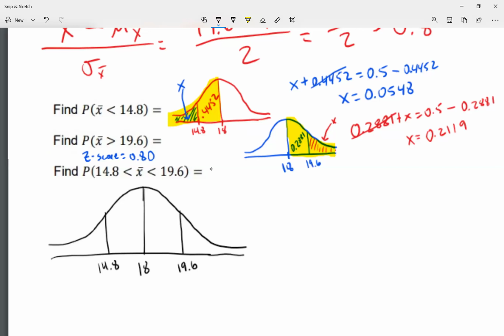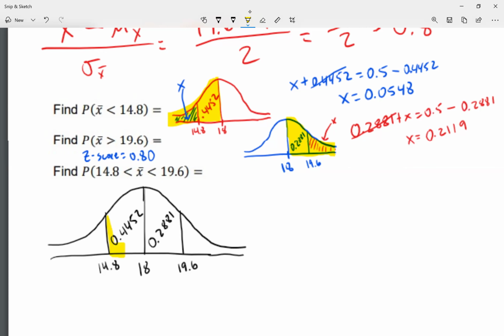I know from previous work that the probability between 18 and 14.8 is 0.4452. And I also know that the probability of x bar between 18 and 19.6 is 0.2881, again from previous questions. So now I'm asking, x bar is in between 14.8 and 19.6.